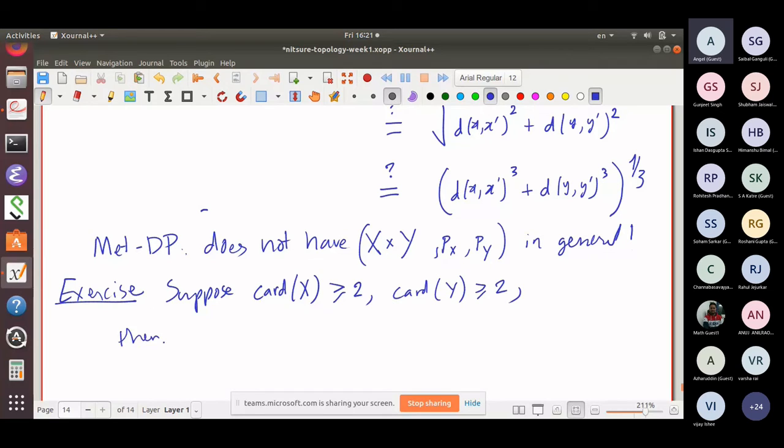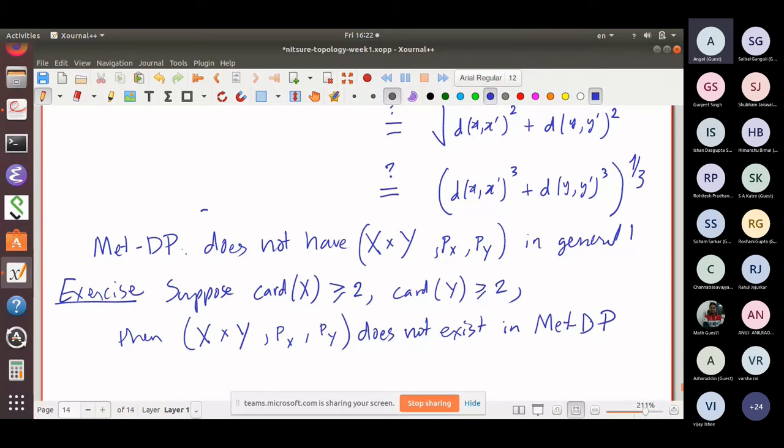Then X cross Y, Px, Py does not exist in metric DP.